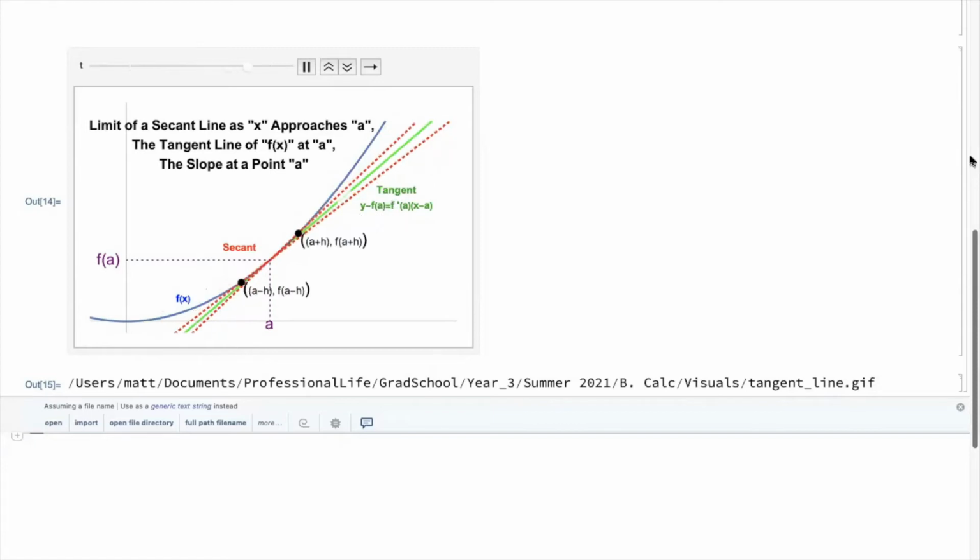Let's say we have the function f of x is equal to, I don't know, x squared. And let's choose our x value to be 1.